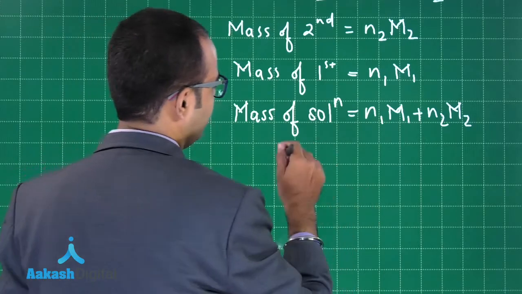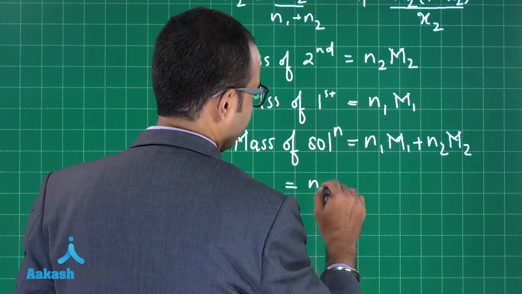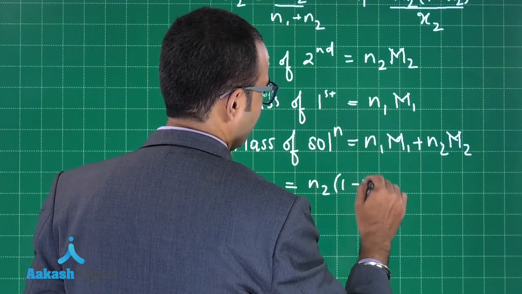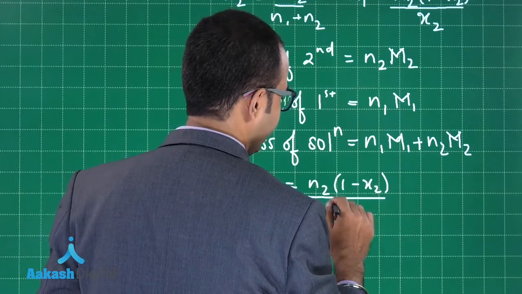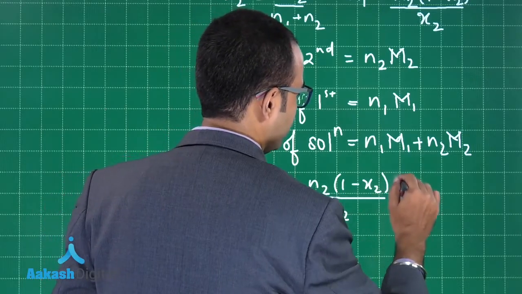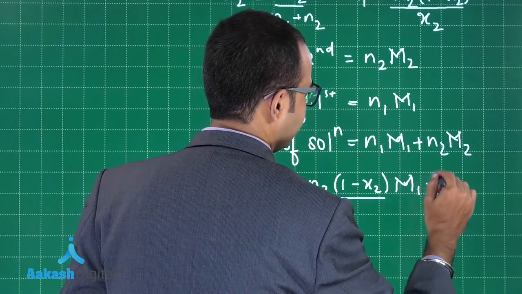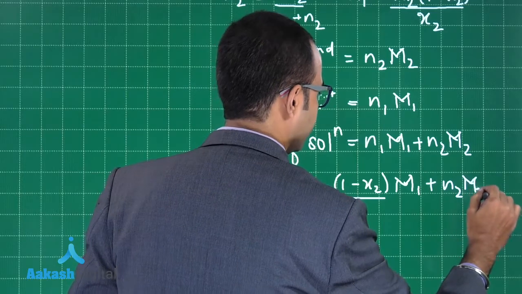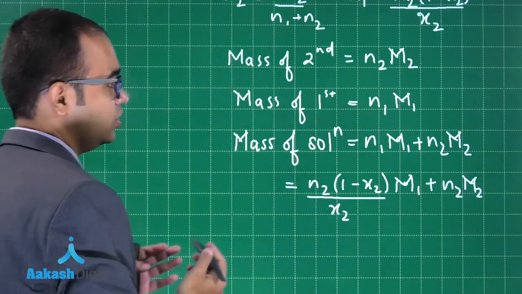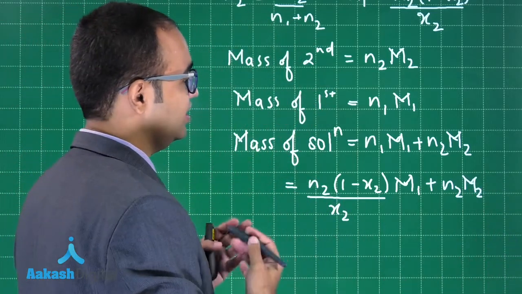Okay, so this is equal to N2 1 minus X2 divided by X2 into M1 plus N2 into M2. Okay, so this is the mass of the solution, guys.